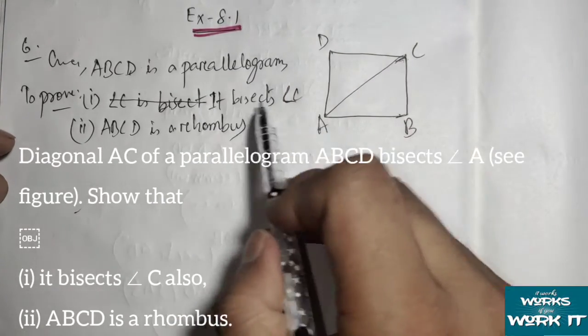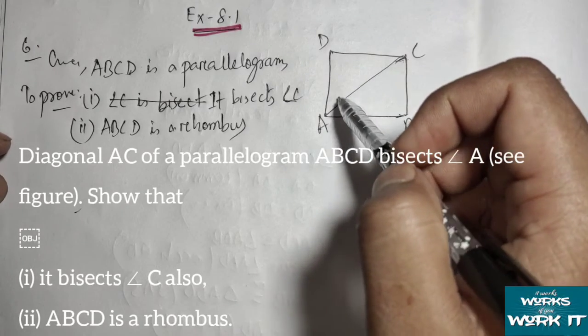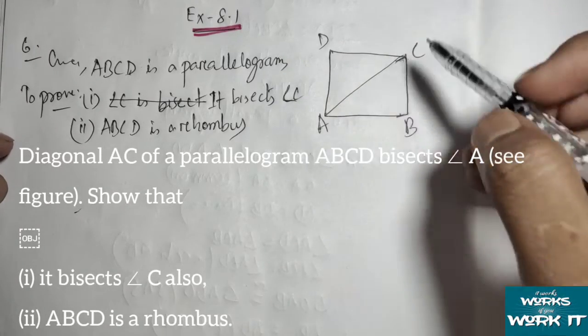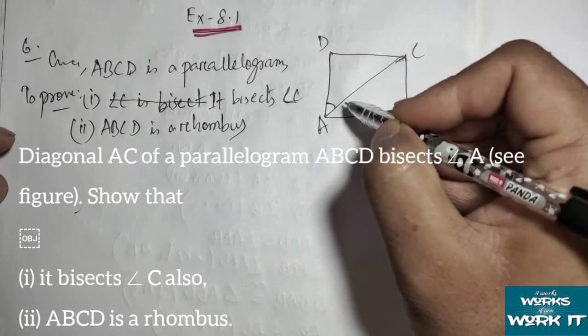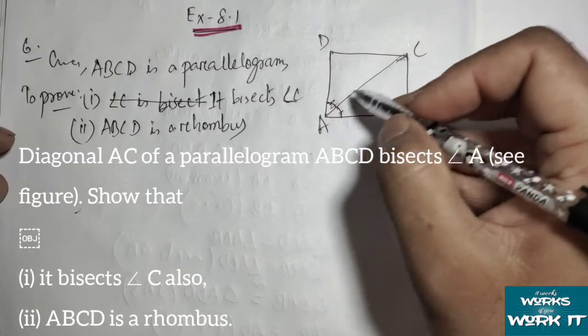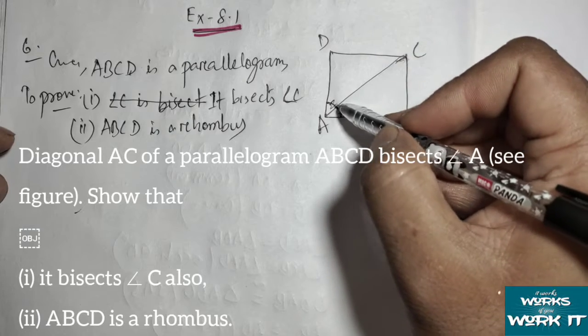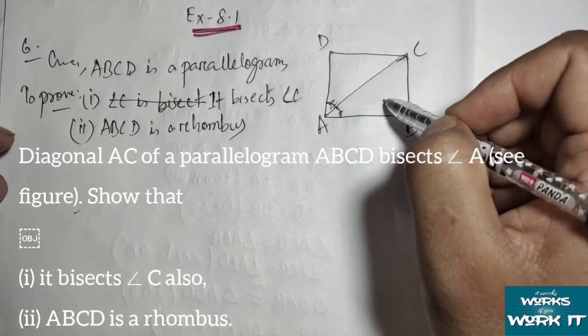What is given in the question is that angle A has been bisected by AC. That means these two angles will be equal, that is, DAC is equal to CAB.